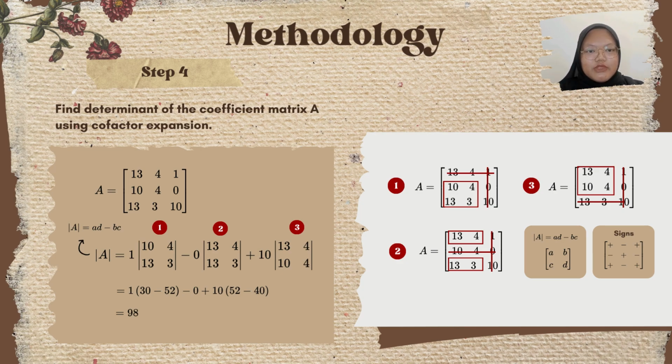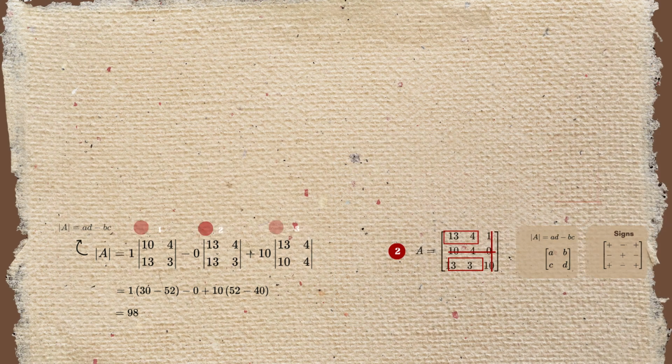We put value 10 and multiply with the determinant of the numbers in the square shape. After that, use the formula of a determinant, which is AD minus BC. Besides that, the place signs alternate from positive to negative as we move across the rows and down the columns, as you can see in the right bottom corner of the slide. Then, calculate the value and get 98.